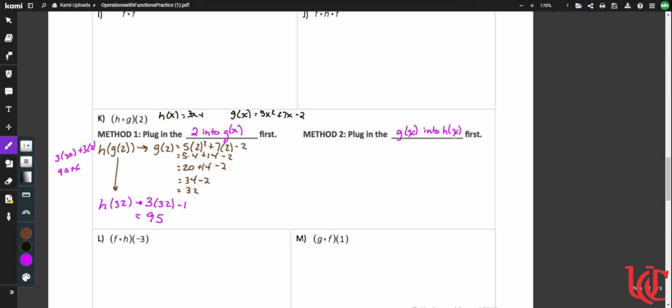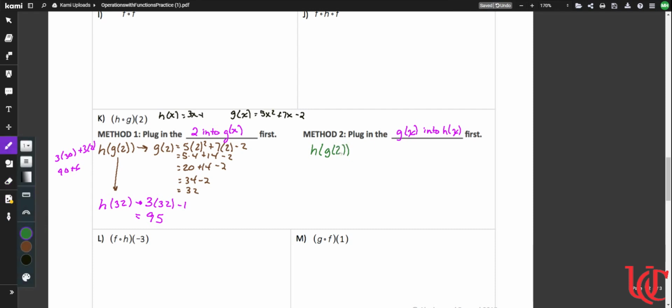If you want to plug the g of x in first into the h of x, that will look like, let's do that in green, h of g of x first. I'm going to put my 2 here while I'm thinking about it.